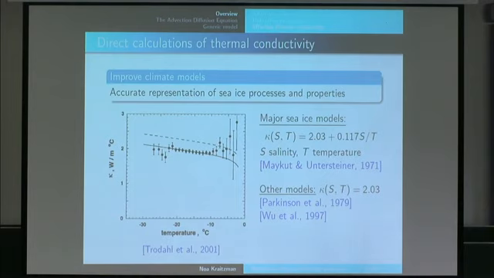It is used in a lot of the main climate models. Other climate models are actually using just the first term, 2.03, because why consider the salinity and the temperature if it just complicates things? And one question that we should ask, and it's been asked, is how good is it? So if everyone is using it, it must be good, or at least we hope that it's good.